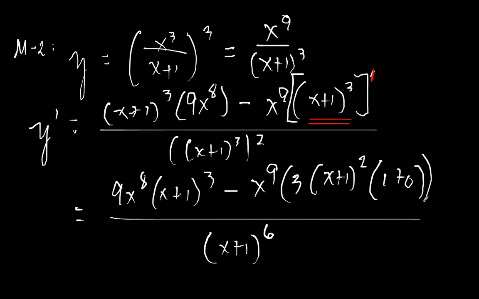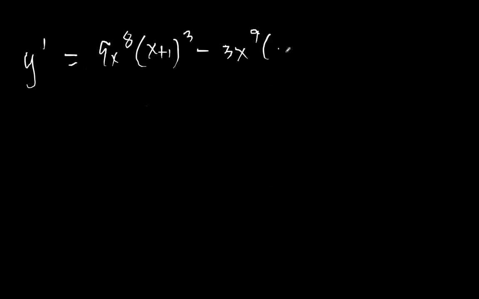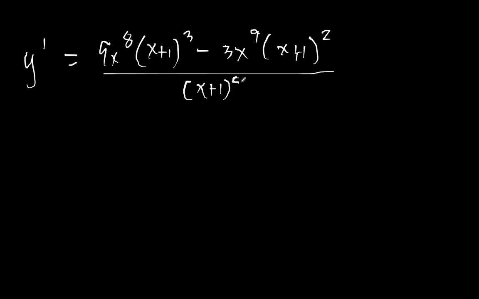I forgot the parentheses here. So x plus 1 squared times 1 is x plus 1 squared. Here we go. So again, the denominator is x plus 1 raised to 6. Okay, this is 6, all right?